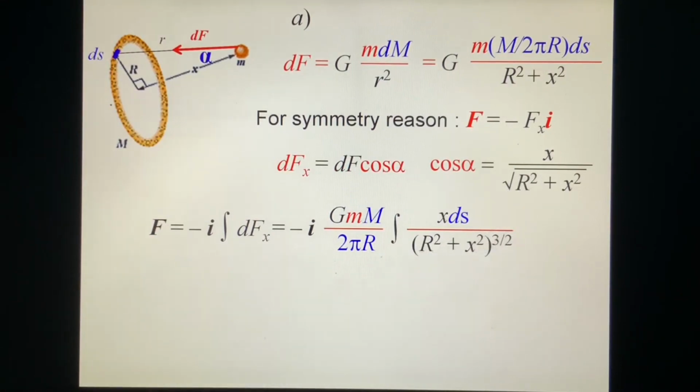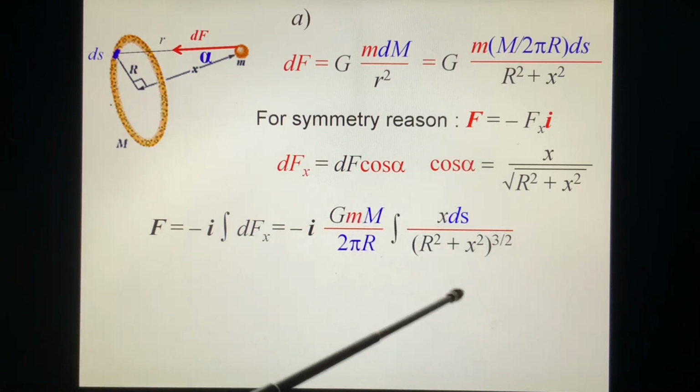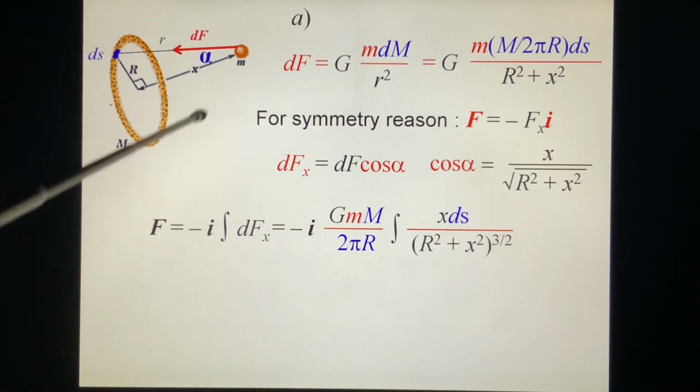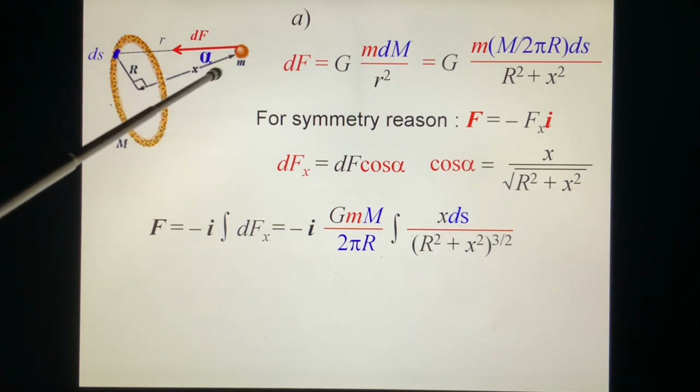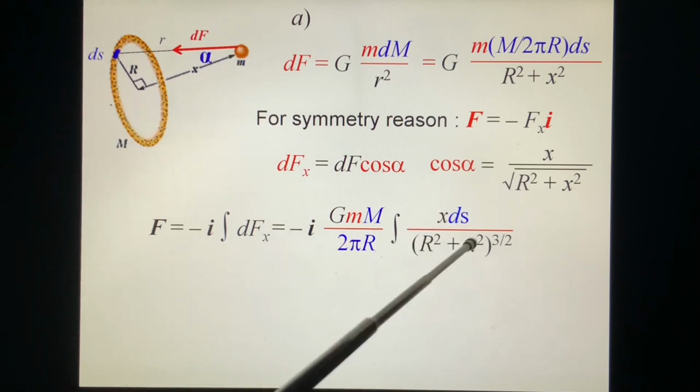This is x as integration. We look at this integration, it looks very complicated. Actually, if you look carefully, the integration is with respect to s. It has nothing to do with this, okay? So this x and this one are all constants. We take them out.